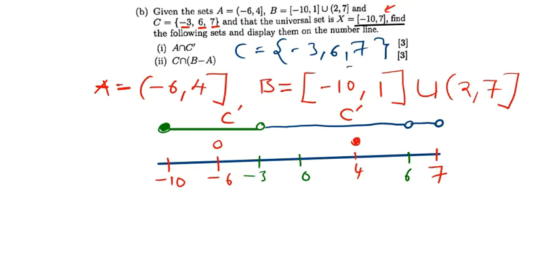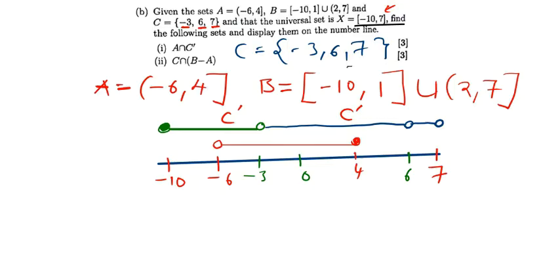So if we draw a line there, don't mind that it's not straight, that is presenting set A.